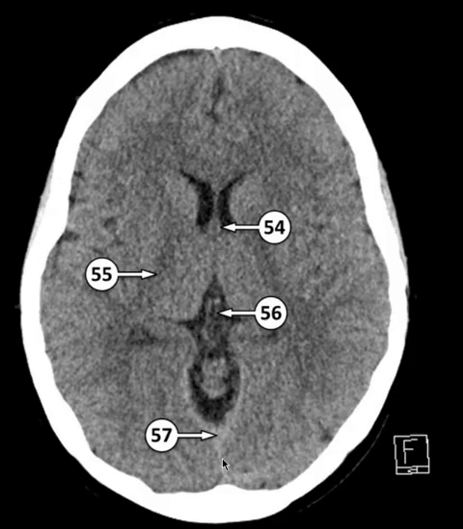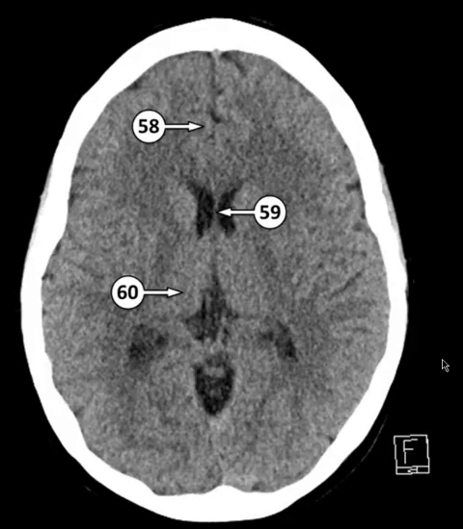And 57, posteriorly midline, this is the straight sinus. The straight sinus. 58 is the cingulate gyrus, and in the midline, number 59, this is the septum pellucidum. The septum pellucidum.